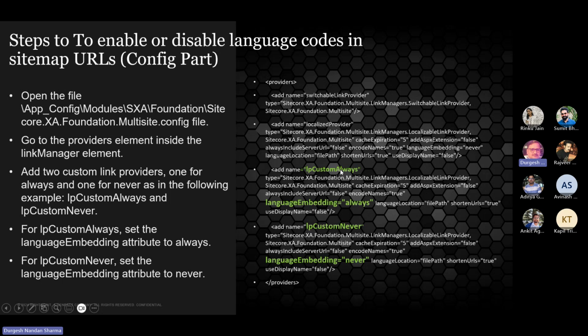The name does not always have to be IP custom, but for naming convention, I use this, and IP custom never. In both providers, we just added language embedding always and language embedding never. These providers will be used in the content editor to configure the sitemap, whatever the requirement.